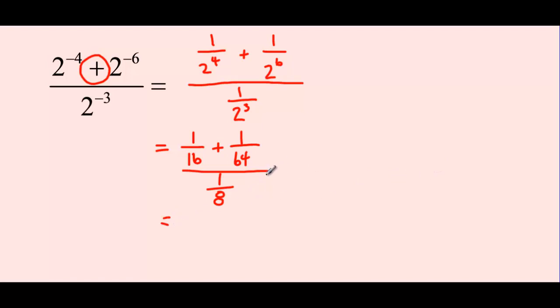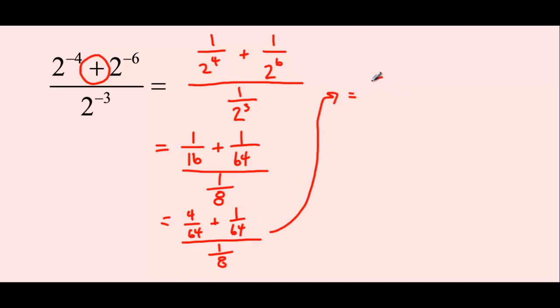To add fractions, we're going to need a common denominator. 16 does go into 64 4 times, so this will be 4/64 plus 1/64, and then we'll divide by 1/8. This leaves us with 5/64 all over 1/8.